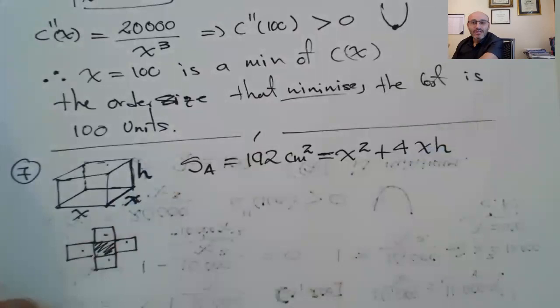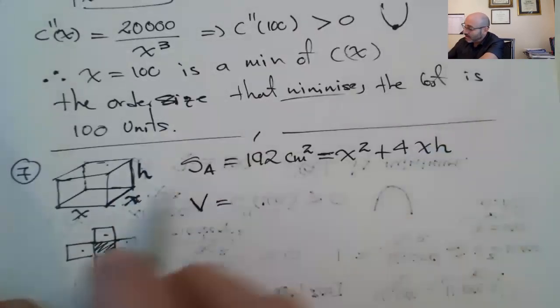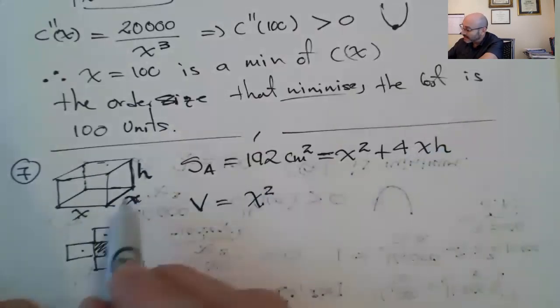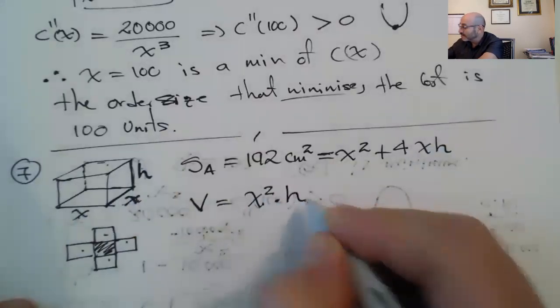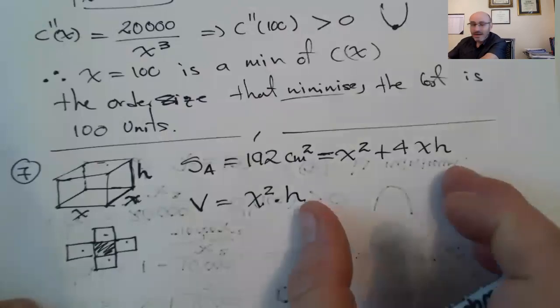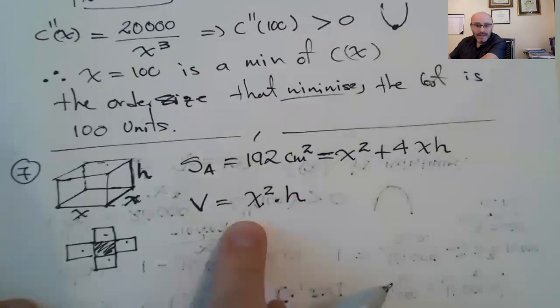And that's the formula for the surface area. Now, what is it that we need to optimize? The volume. Well, the volume of this box will be x squared times the height, because it's length times width times height. Notice, the formulas right now are in terms of 2 variables. The one that I need to optimize, I need in terms of just 1 variable. So what does it mean?